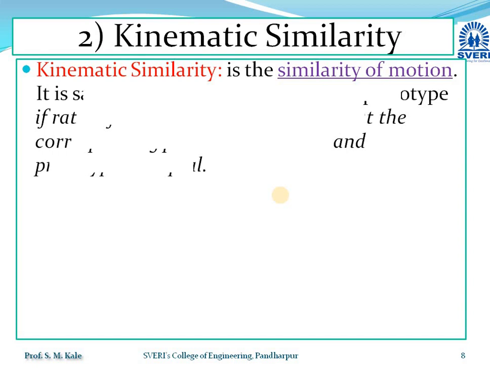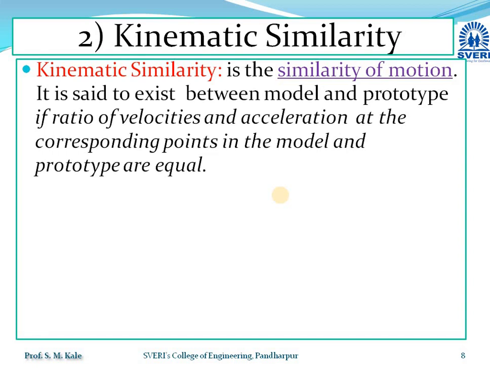Similarity of motion means if the ratio of velocities and accelerations at the corresponding points in the model and prototype are equal, then and only then are we going to say that the model and prototype are under kinematic similarity. So in the previous diagram we have seen that the fluid flowing over the model and over the prototype has various values of velocity and acceleration at various points.